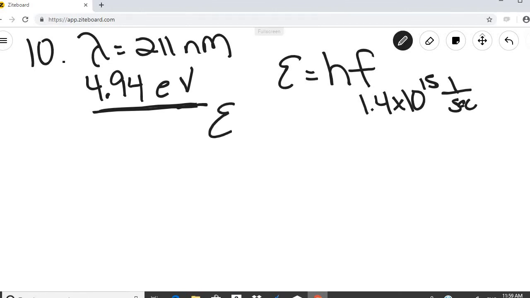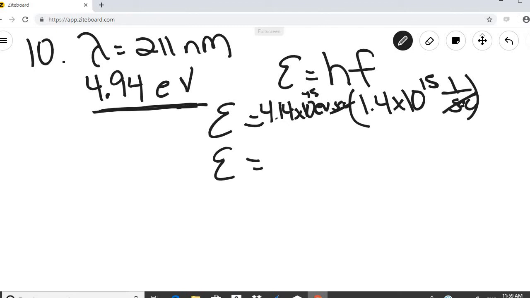So E is going to be equal to Planck's constant, which is 4.14 times 10 to the negative 15. And this is electron volts times seconds. So your seconds are going to cancel. You'll be left with electron volts. And this would come out to be 5.8 electron volts.